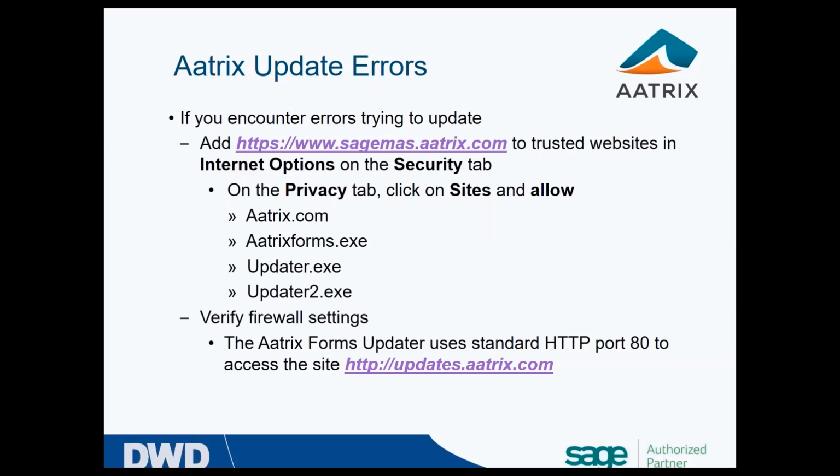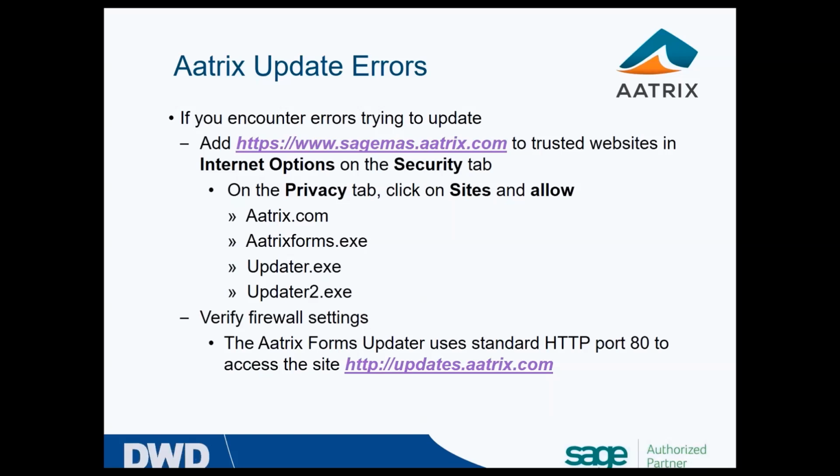And if you do encounter errors, there are a number of back doors that we can go through in order to get the updates to occur. Sometimes I've had to go in and manually download the actual program.